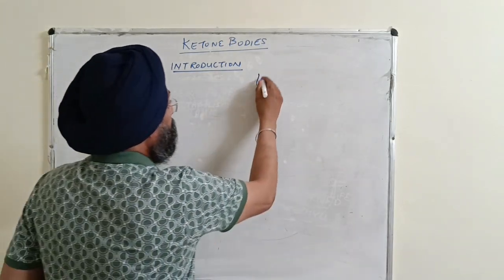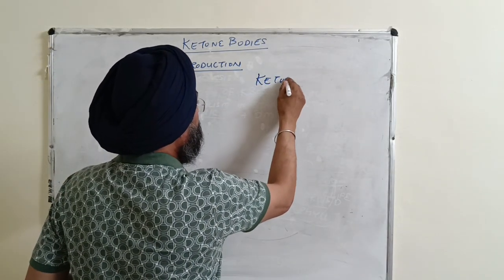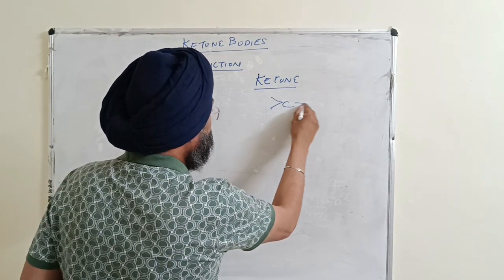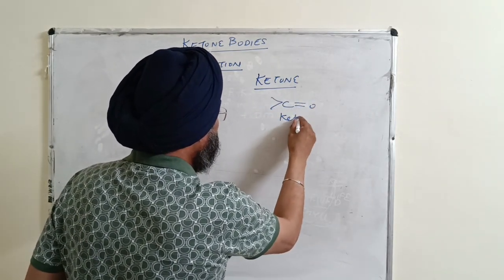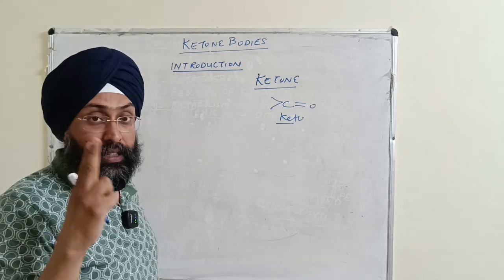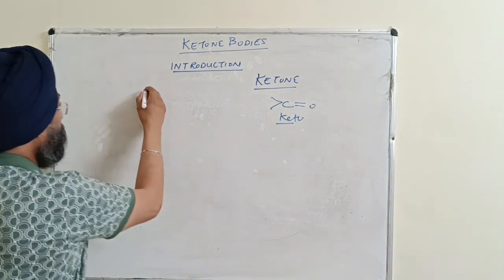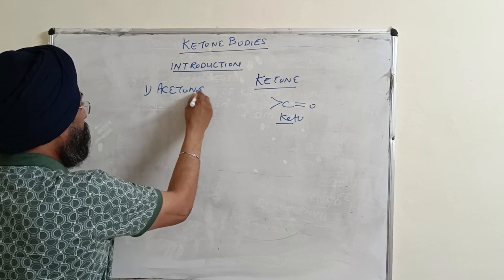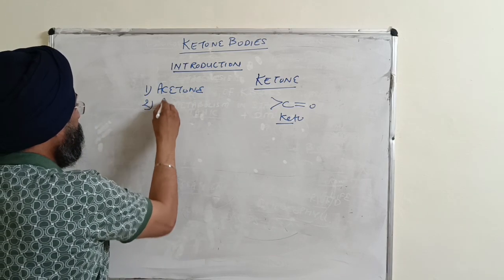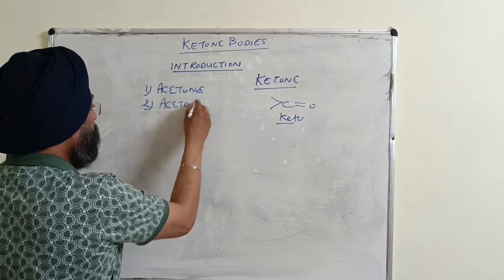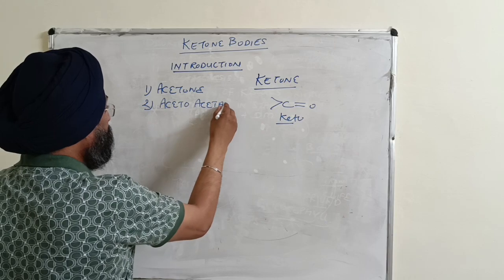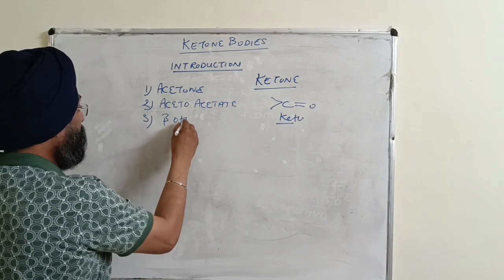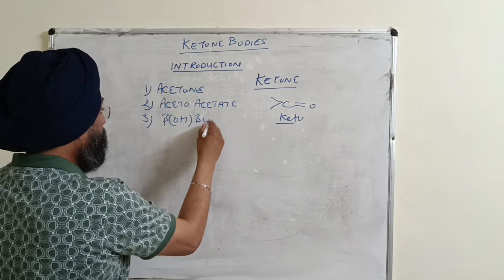Ketone bodies. Ketone means they contain a keto group, right? So there are basically three ketone bodies. First is acetone, the second is acetoacetate, and the third is beta hydroxybutyrate.